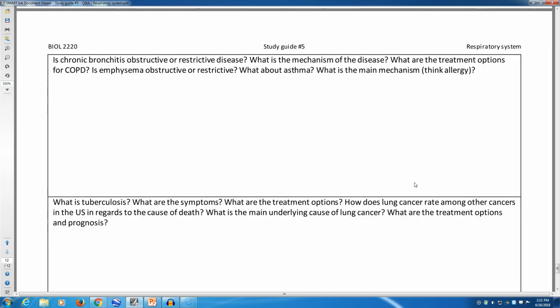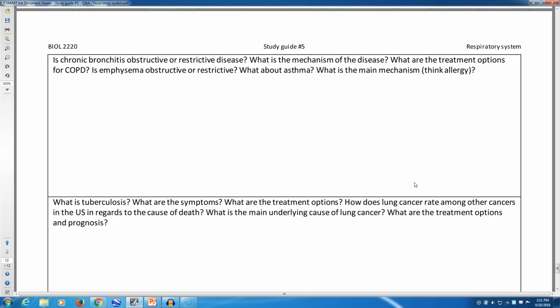So, I will clarify it for you. As the obstructive disease, as an example, I really want you to understand the idea of chronic bronchitis and asthma. Chronic bronchitis obstructs the respiratory passages with mucus, asthma with a constriction. Does that make sense?